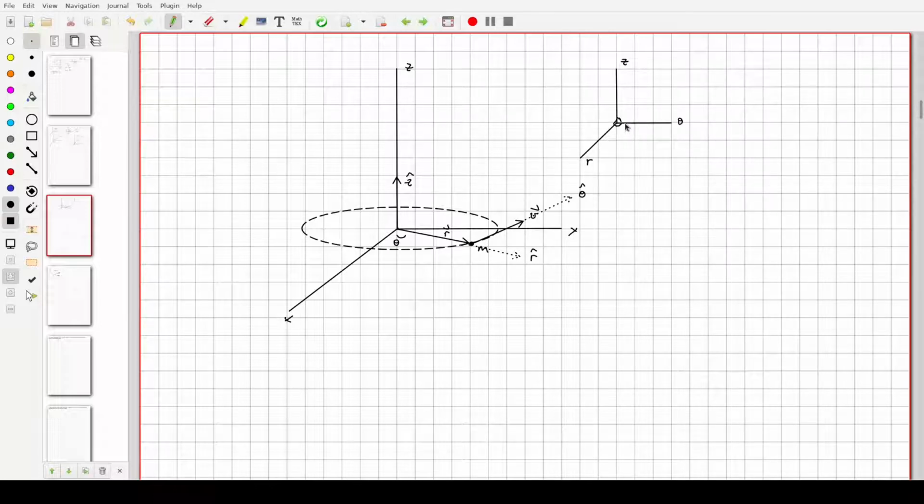So if you were to think about cross products, what if I crossed theta hat into z hat? Theta cross z gives me r. Likewise, I could cross z hat into r hat. If I do that, that gives me theta hat.